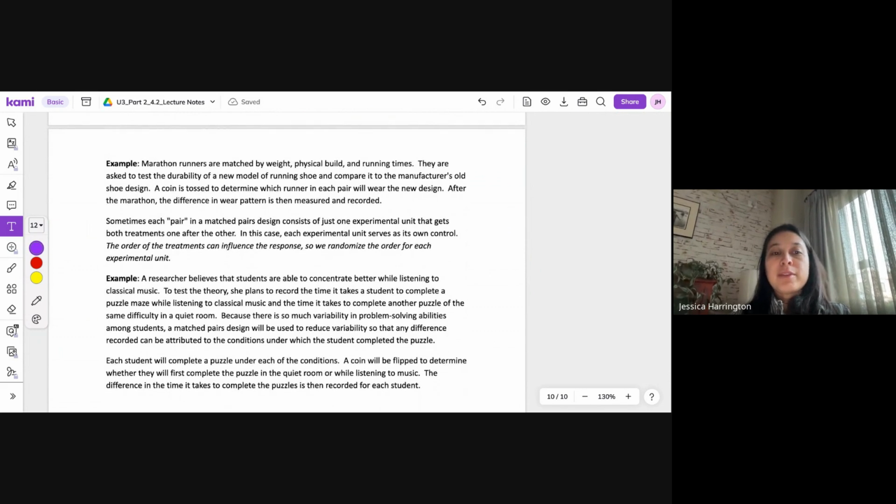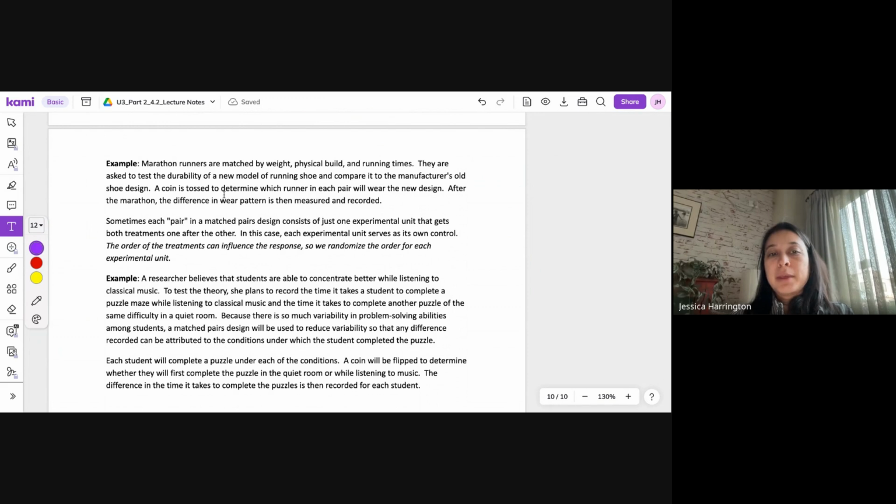Sometimes that's a typical matched pairs design, but sometimes you can have a matched pairs design that has just one experimental unit that gets both treatments. And in each case, the experimental unit serves as its own control. You have to think about the order of treatments because that can influence the response.